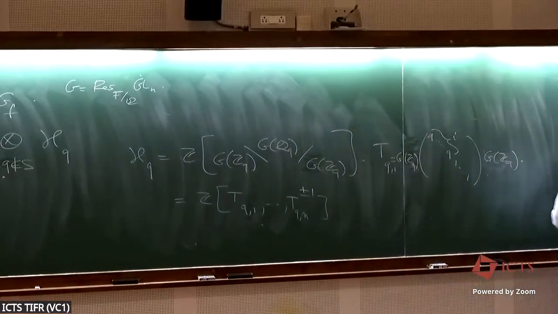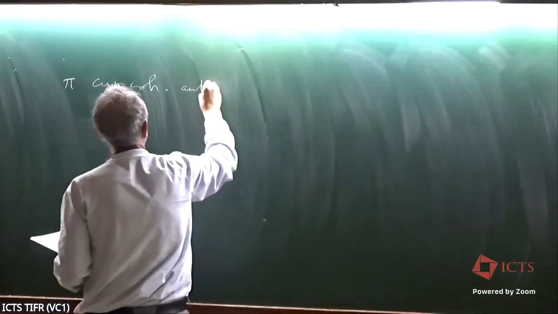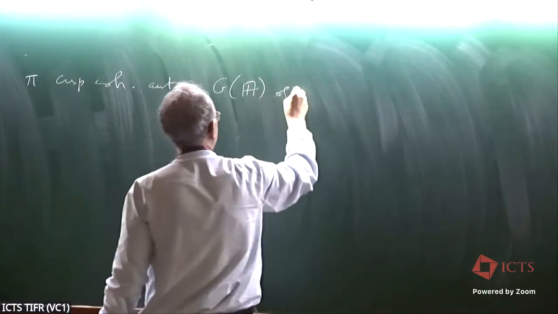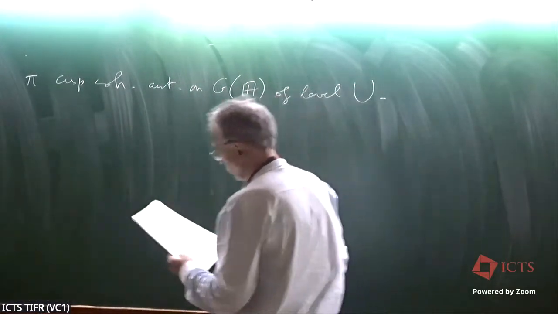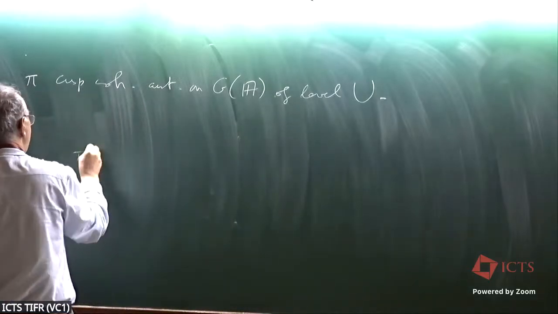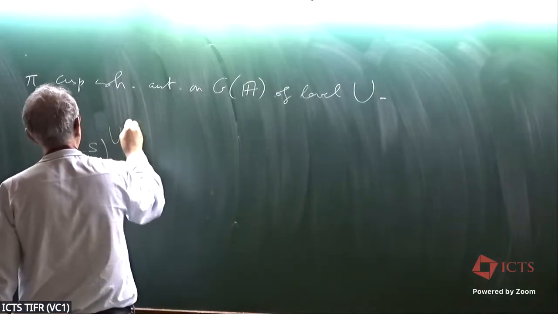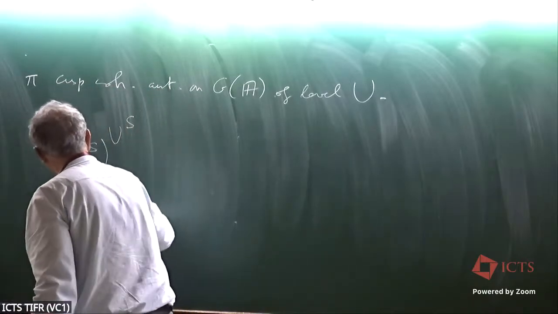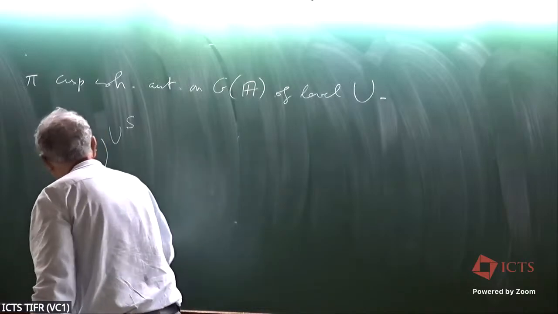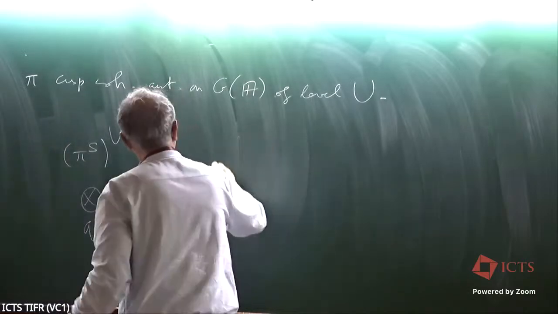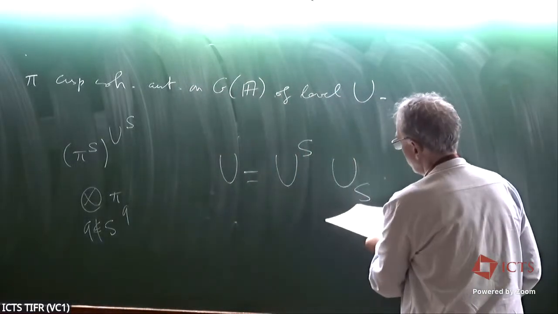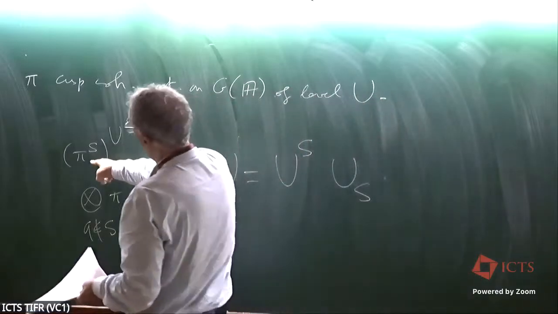So we fix our pi, which is cuspidal, cohomological, automorphic on G(A), let's say of level U. So if we take pi_S fixed by U_S, this is one-dimensional. So pi outside S is the tensor product of the pi_q for q not in S. And U is U^S times U_S. So this is hyperspecial, and this is not. And so this is one-dimensional.